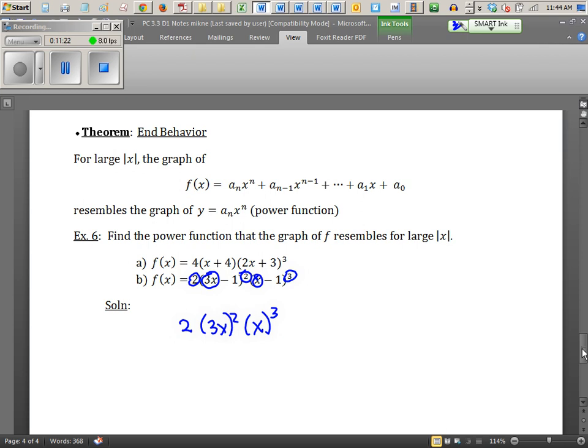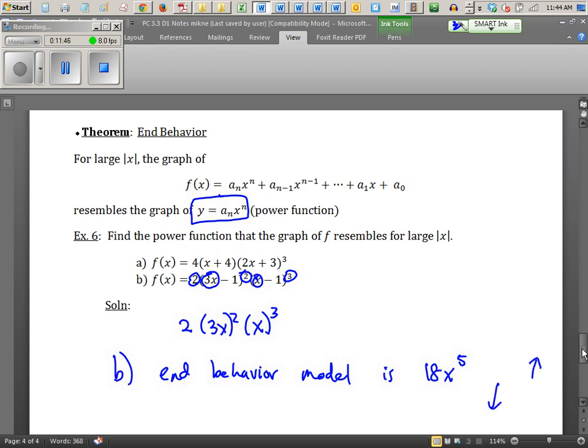Yeah, it's 18x to the fifth. So for part B, the end behavior model is 18x to the fifth. Never give me more than one term. Your answer is supposed to look like a sub n x to the n. It's like one monomial term. Okay? And I've had you raise your arms several times today, but it would look something like that.